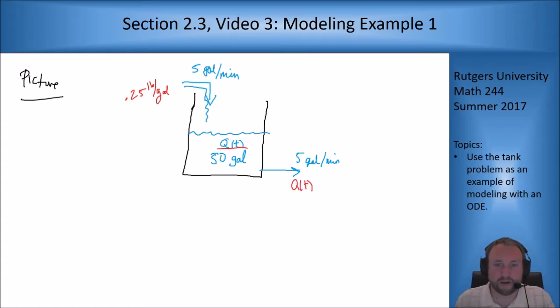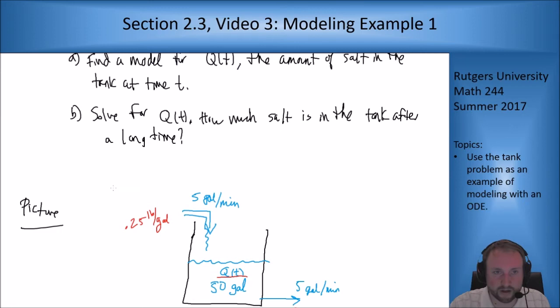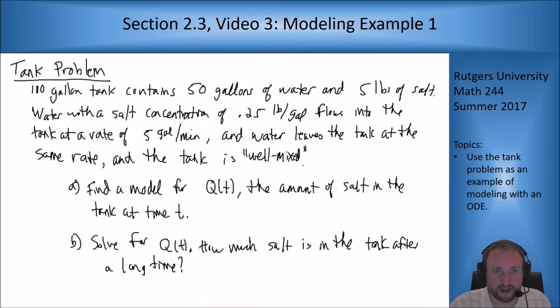All right, so this picture I've just drawn took all the information from the problem above and threw it into a picture. So I'm going to scroll up again so we can compare the two. So we had 50 gallons of water in the tank. This 5 pounds of salt we have not used yet. This we're still going to use later.